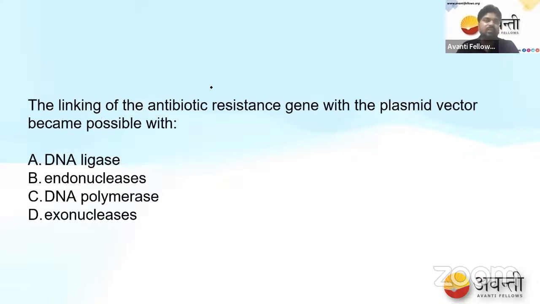Next question is, the linking of antibiotic resistant gene with the plasmid vector becomes possible with DNA ligase, endonucleases, DNA polymerase, exonucleases. I am launching a poll for it also.